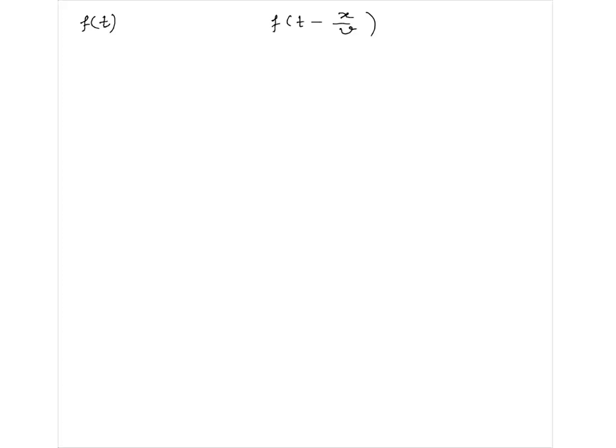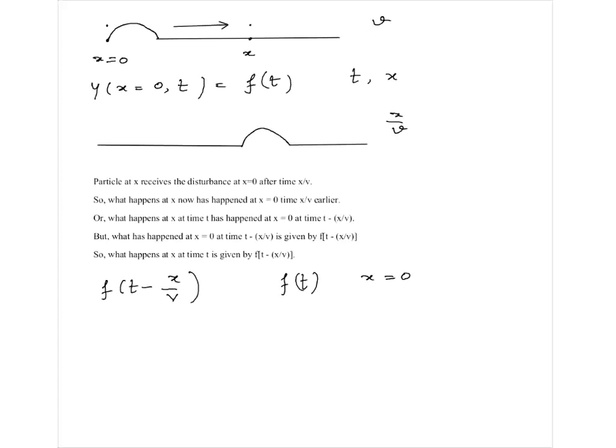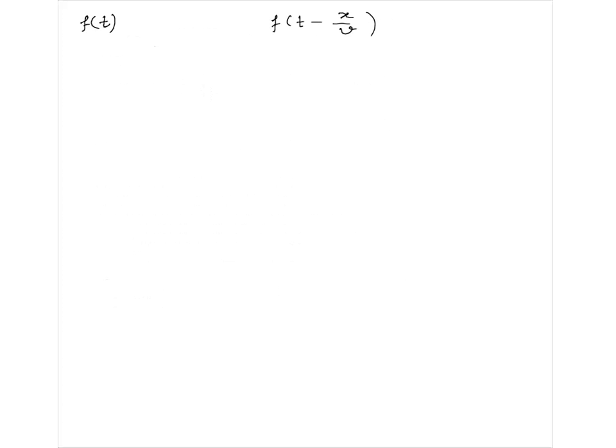The good news is that on most occasions, f of t is not arbitrary. Theoretically, f of t can be arbitrary. And whatever f of t is, this is what would be your answer.